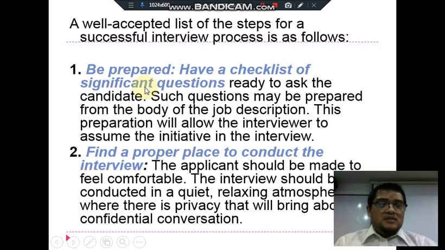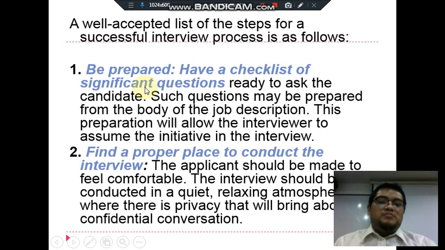Any information that you can get from the application form, you should not ask during the interview. Ask significant, important questions. For example, you don't ask a question like, are you married? Because marriage status is already mentioned in the application form. No need to ask those questions that have been answered in the application form. So ask significant or important questions.